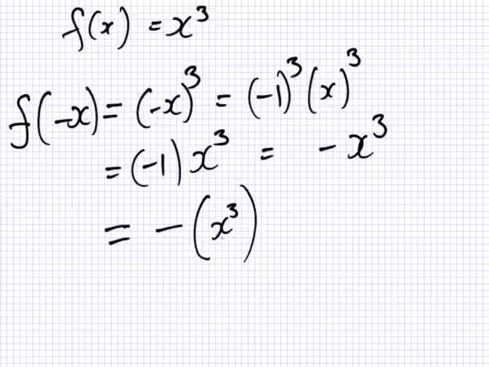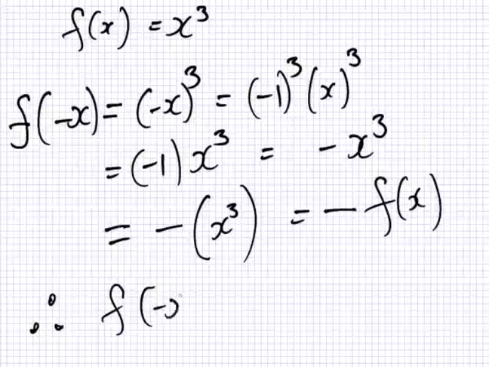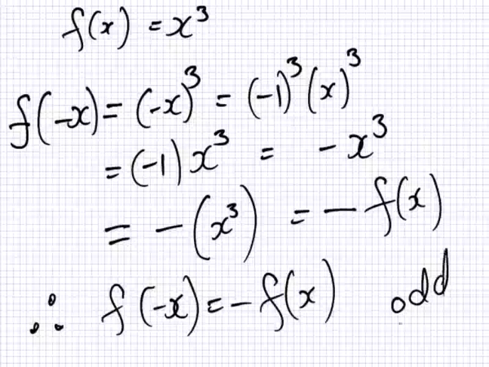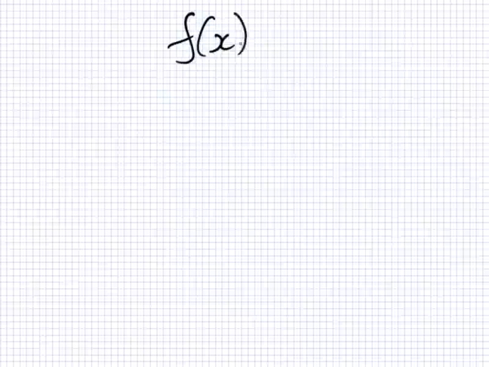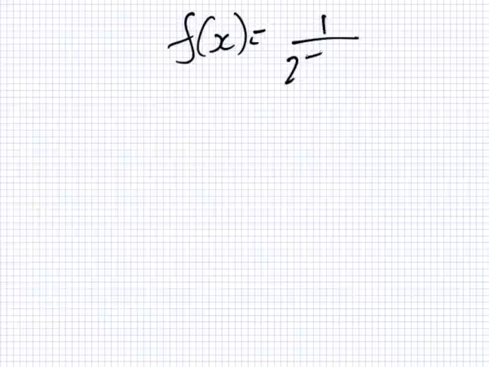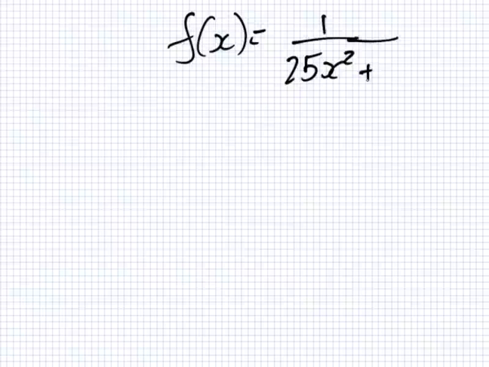How did you get that? What do you mean how? Where did you get minus one? Okay, watch. If I put minus x into this, it becomes minus x squared, which is the same as minus 1 multiplied by x squared. I'm being extra clear. That's the same as minus 1 squared multiplied by x squared.